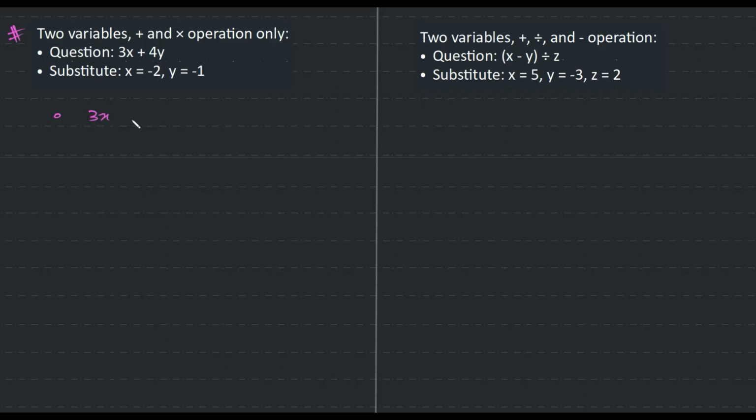We have the expression 3x, or it's always better to write 3 times of x plus 4 times of y. And we'll substitute x as -2 and y as -1. So basically 3 times of -2 plus 4 times of -1. So here again, I'll use BODMAS. Let me write.